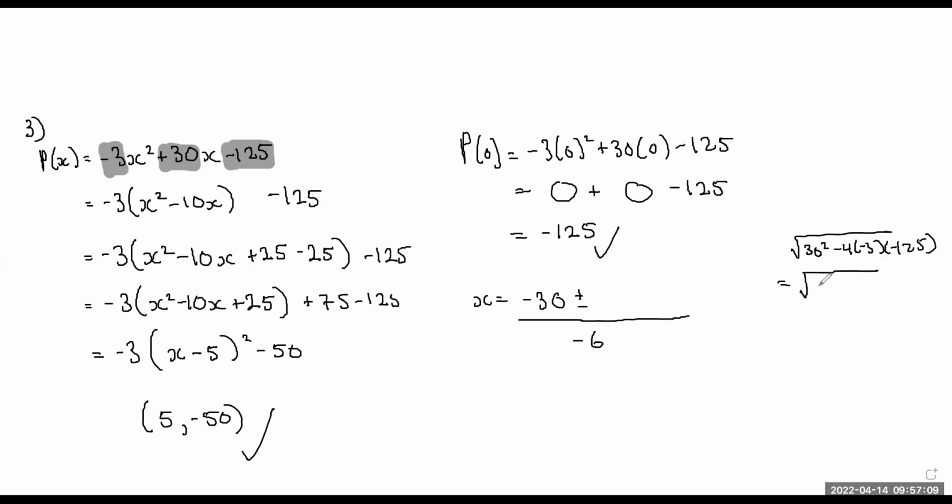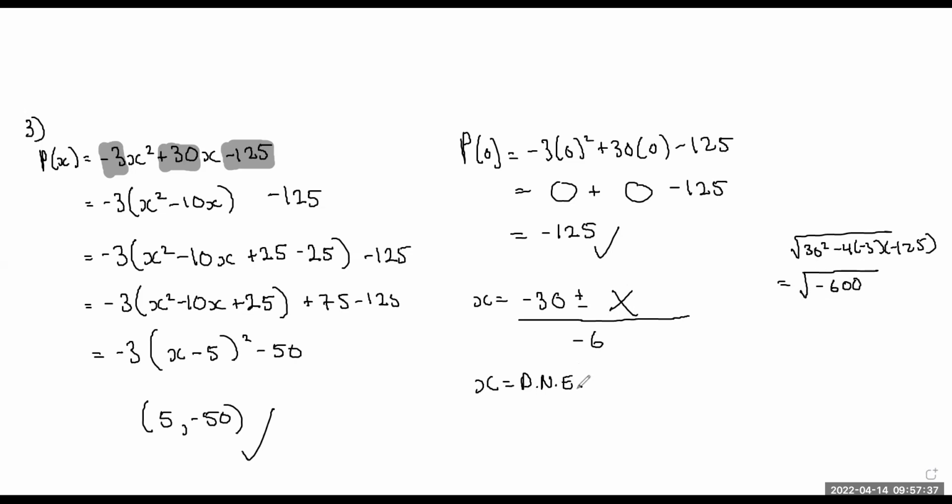Oh, okay, that's -600. Is that even possible? No, that's not possible. In other words, there is no x-intercept. It doesn't exist.